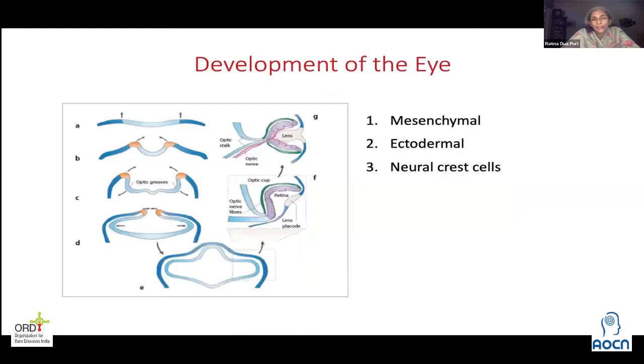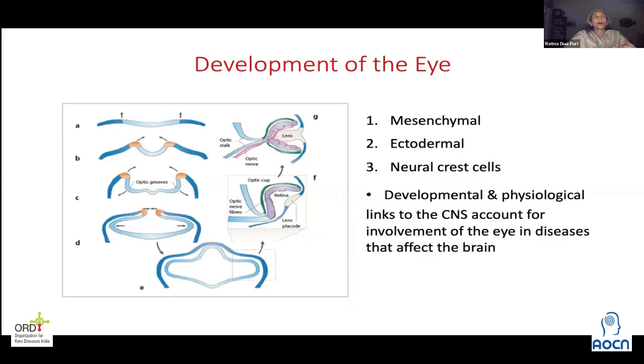So the development of the eye really is from mesenchyme, ectoderm, and neural crest cells. And this becomes important to understand what is deposited where, in which part, and that results in the abnormality that we see. What is really crucial is that it has a great link with the central nervous system.